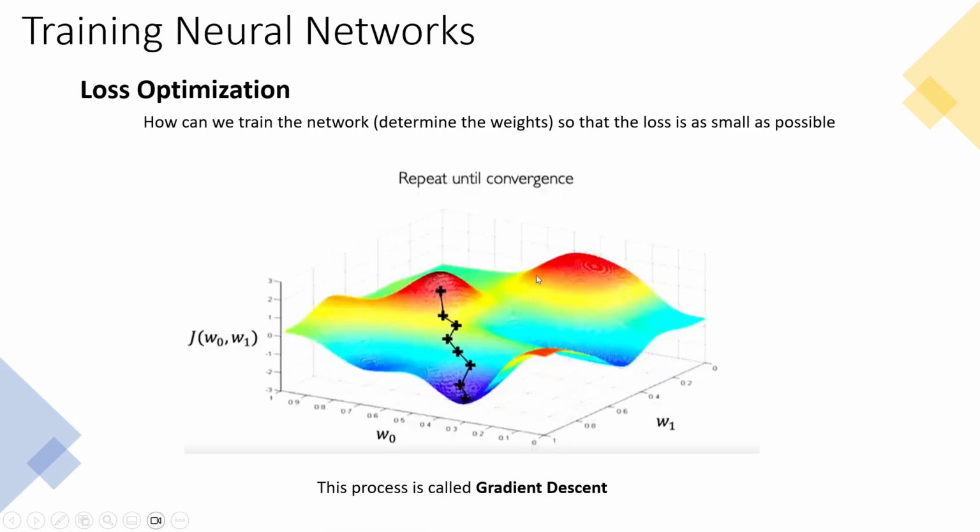We repeat this procedure until it converges to something. This procedure was called gradient descent. That's the idea behind minimizing the loss, the optimization, and we had covered gradient descent in our previous lectures.